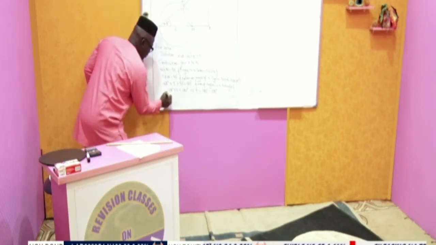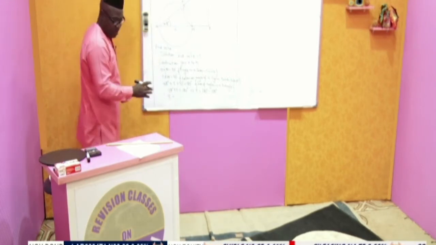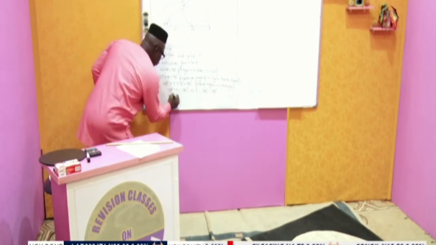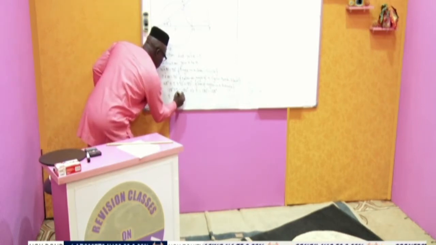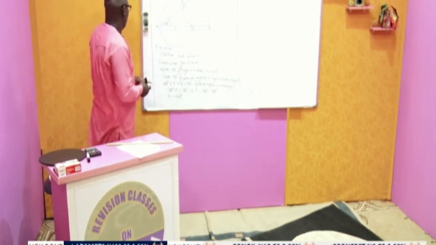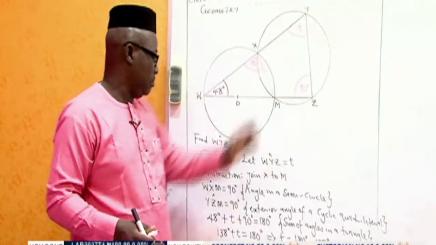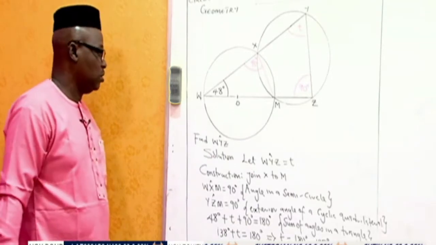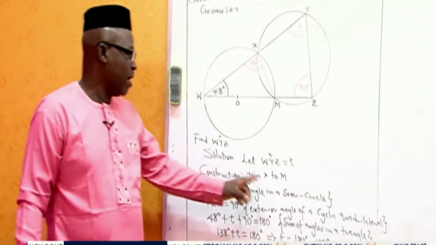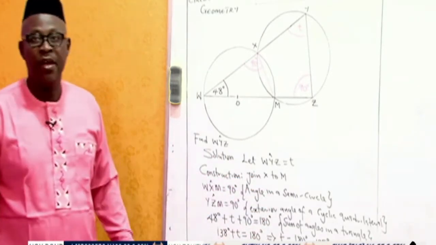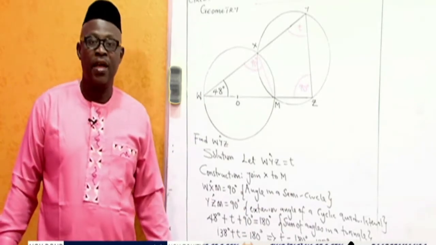And then that means t is going to be 42 degrees. So angle WYZ denoted by t is 42 degrees. You must endeavor to write the reason for every point you put down.